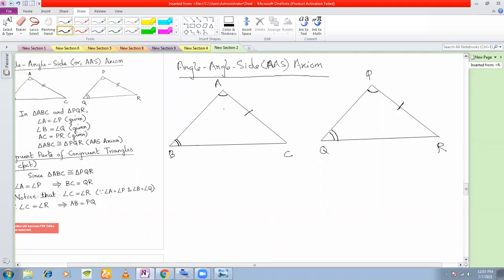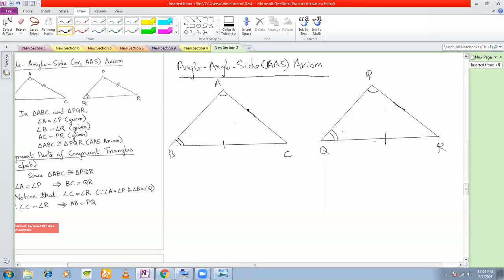Why can I apply? See that these two angles are given to be equal, right? And this side that is given to be equal is opposite to this equal angle, isn't it? Then you can say by angle side, these two triangles are congruent. Now, if I change this a little, suppose these two angles are given to be equal, and suppose this side is given to be equal to this side.